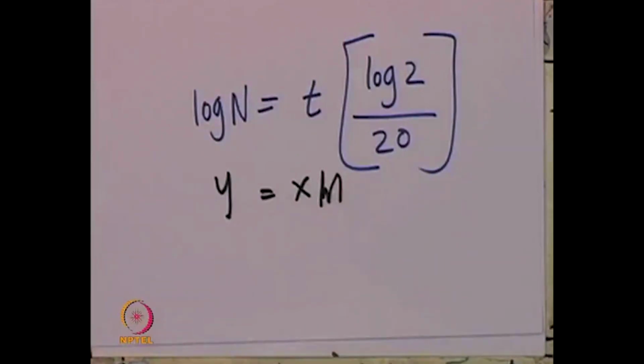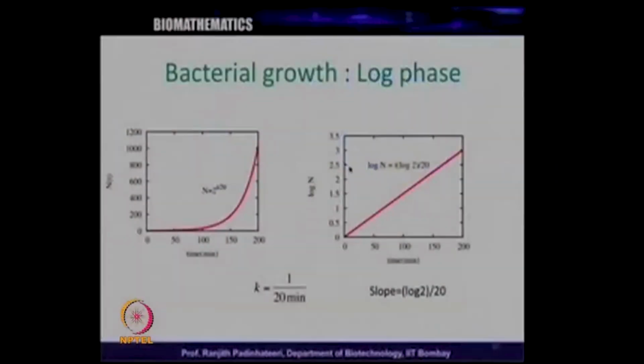So, let us see this plot. Look at the plot on the left-hand side, which is n equal to 2 power t by 20, and on the right-hand side you have log n versus time, and you get a straight line. The straight line is passing through 0, because there is no constant in y equal to mx.